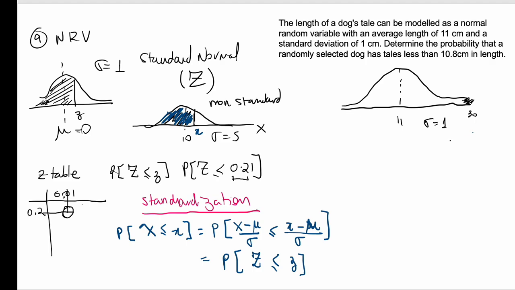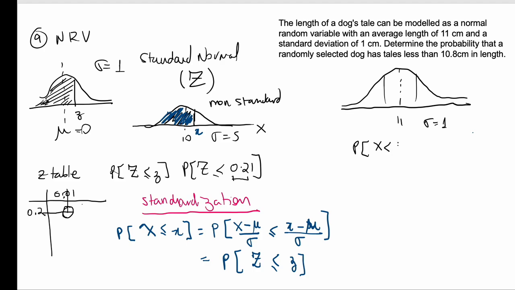Well, you can have some dogs, but it's not usual, okay? So the biggest chunk of area comes around the mean, meaning that most dogs will have something around 11 centimeters. Okay. Now, the question is, what's the probability that a randomly selected dog has tail less than 10.8?